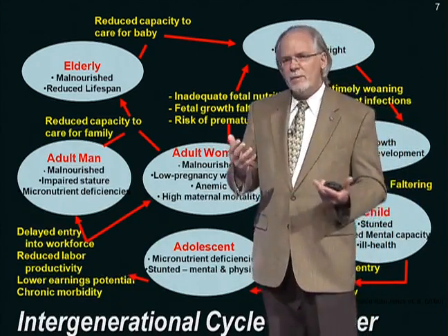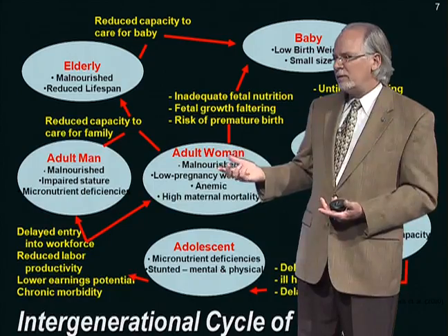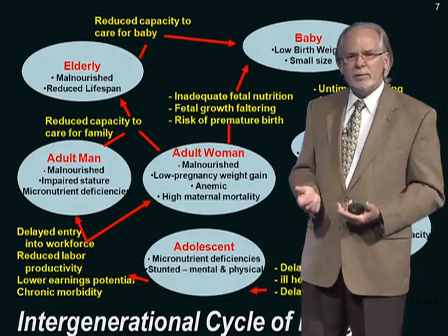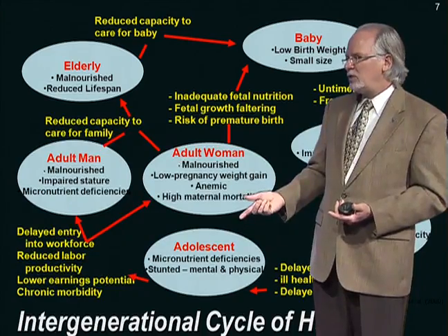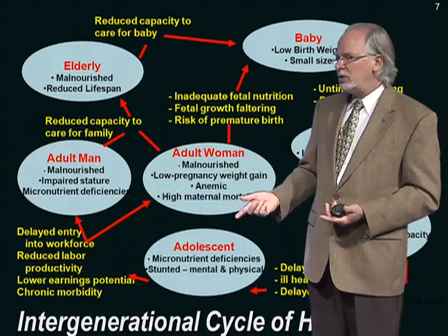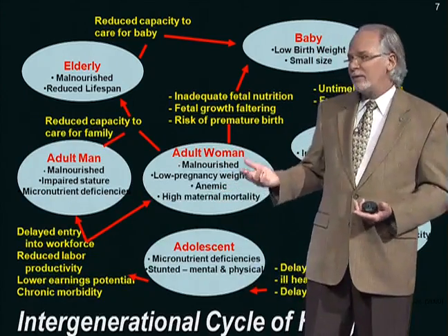So that's for men. For girls, young women in this case, the issue is much more critical. They reach this stage of adolescence with micronutrient deficiencies, the stunted nature of their life at that stage.